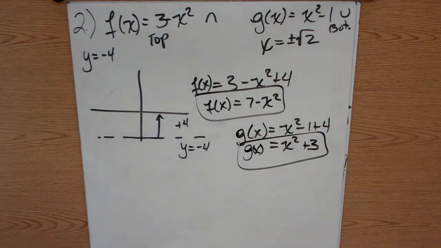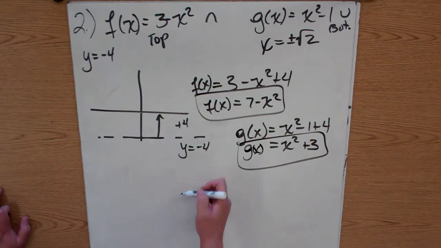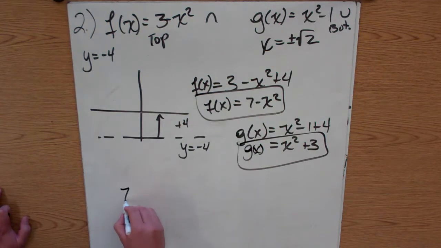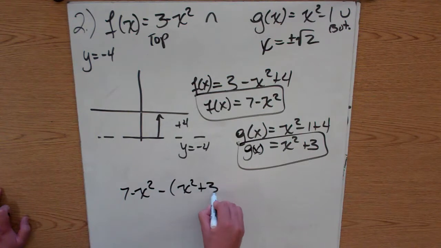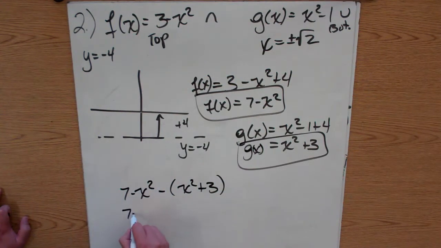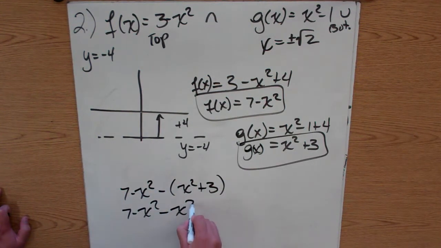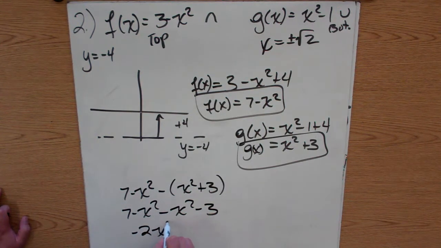So now what we need to do is we need to subtract the bottom from the top. Alright, so our top is 7 minus x squared minus x squared plus 3. So we have 7 minus x squared minus 3. So we have negative 2x squared plus 4.